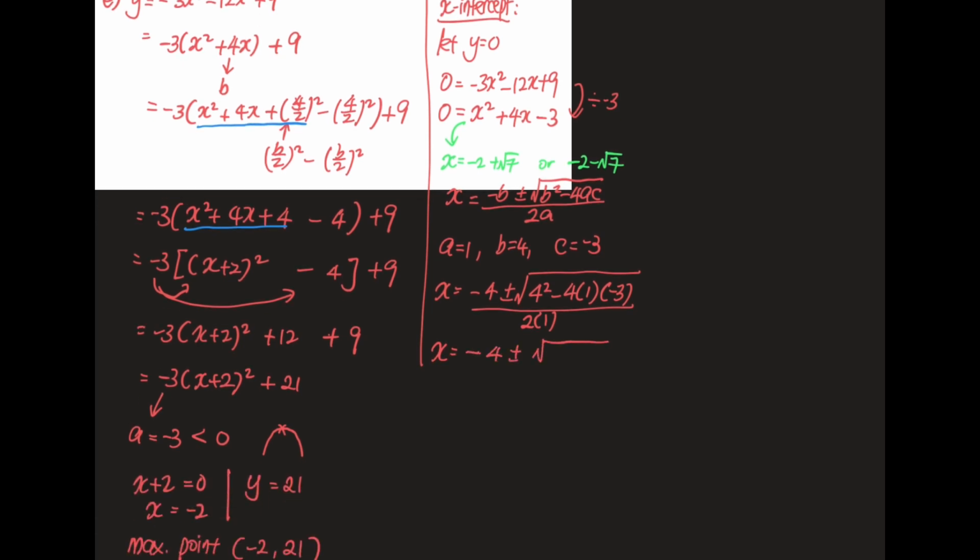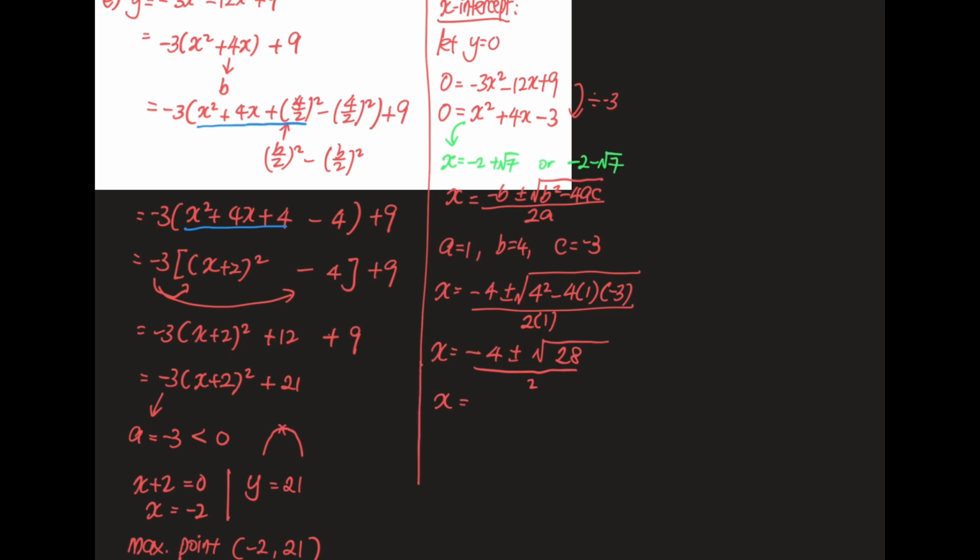Then we start with the square root here. Okay, so let's count it. 4 squared is 16. 4 times 1 times minus 3, you multiply, then you get positive 12. 16 plus 12 is 28. So we get 28 here, divided by 2.